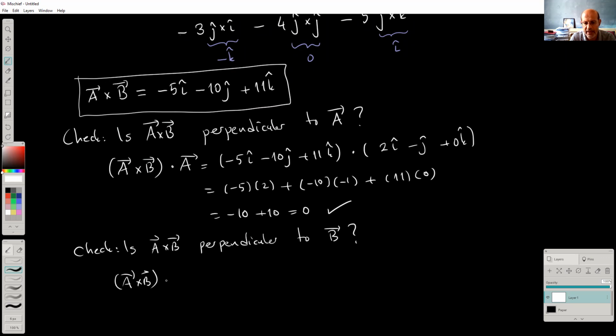A cross B dotted with B. So let me quickly write this down: minus 5i minus 10j plus 11k, dot product with, I think this was 3i plus 4j plus 5k.